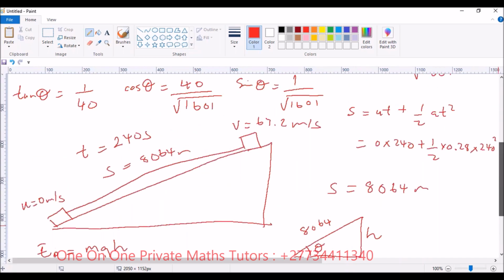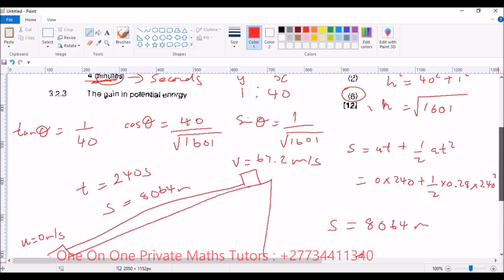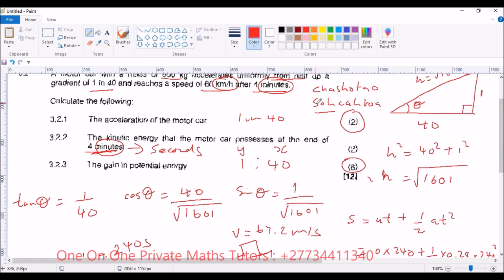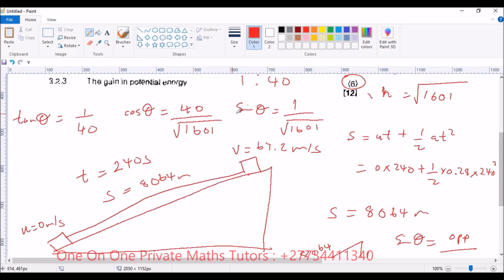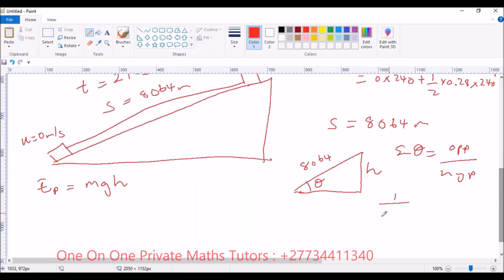When you are doing opposite and hypotenuse, it's sine. Sine theta is equal to opposite over hypotenuse. What is sine theta? 1 over root 1601.